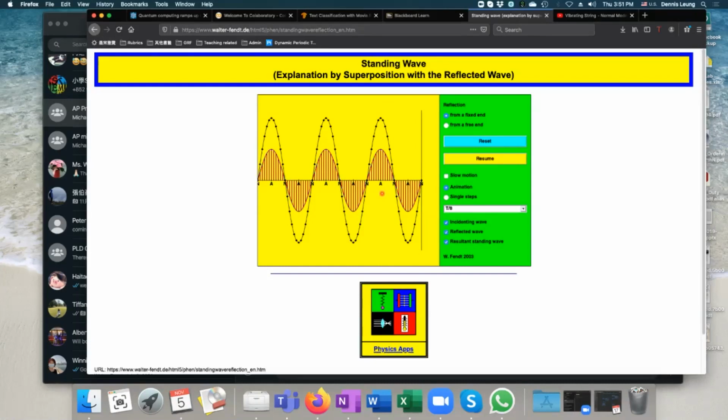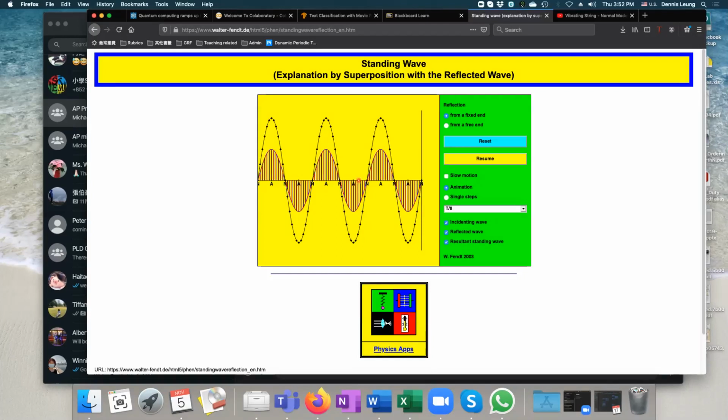And there are some other points that we could see in this simulation. For example, what is the distance between two nodes or two anti-nodes? What is the distance between adjacent nodes or adjacent anti-nodes? From this node to this node, it is half of a wavelength.